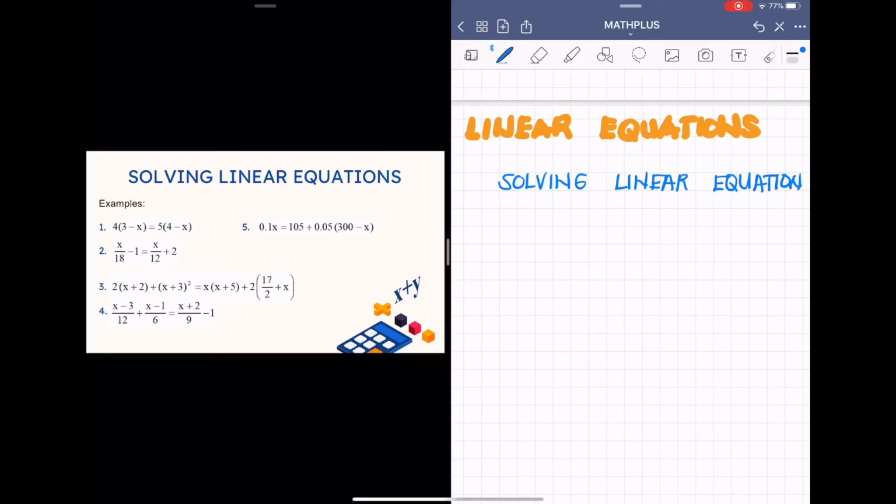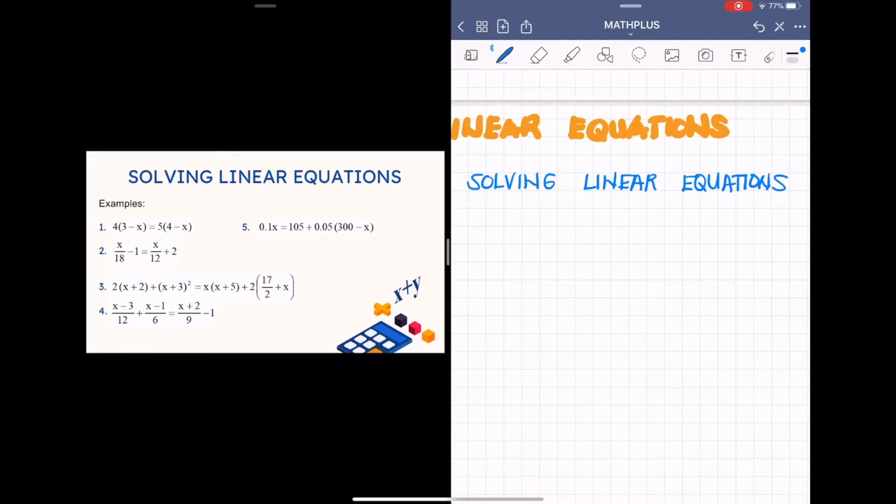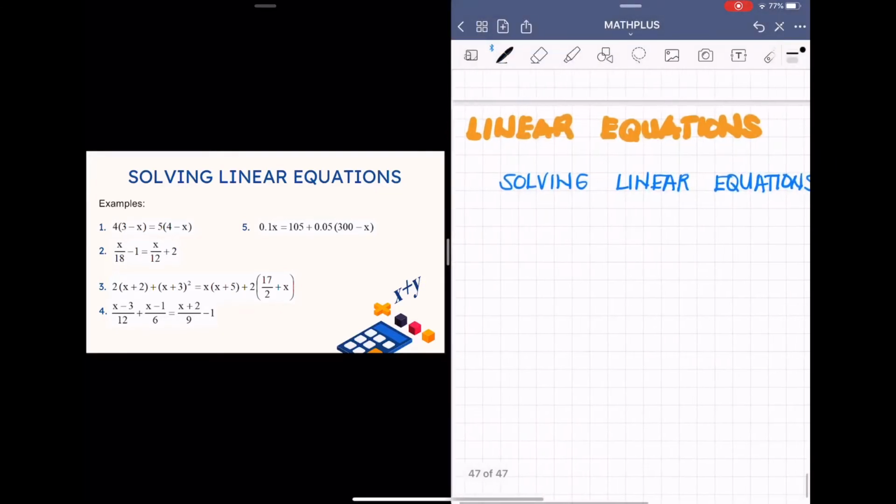Okay, so the first question for us is number 1. We have to solve for the unknown. In most of these givens, the unknown is x.